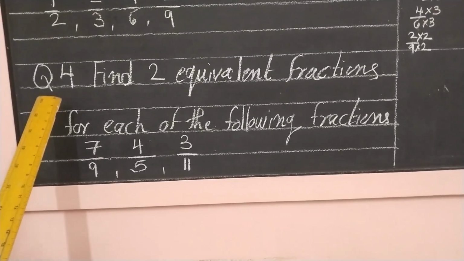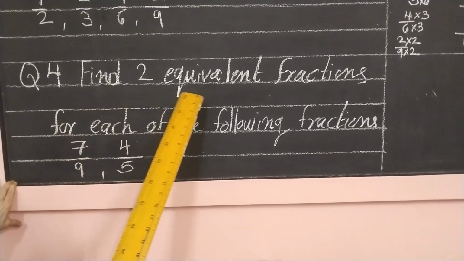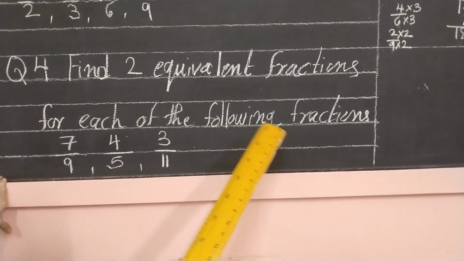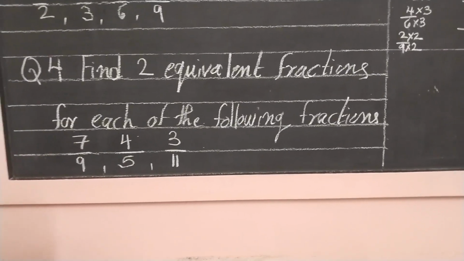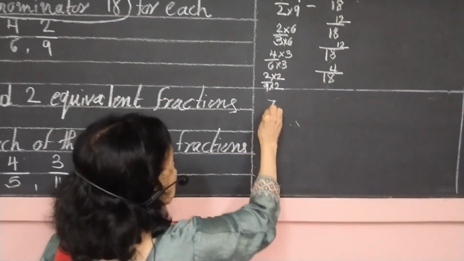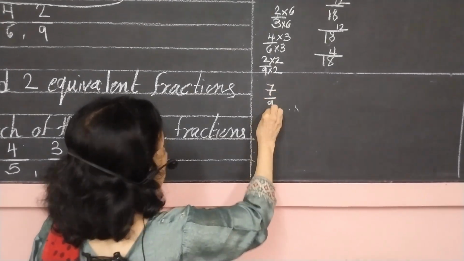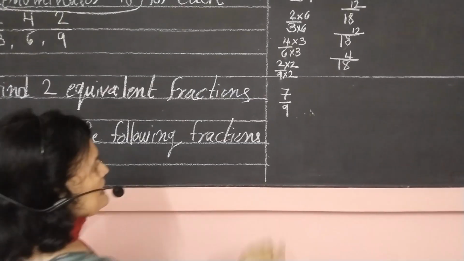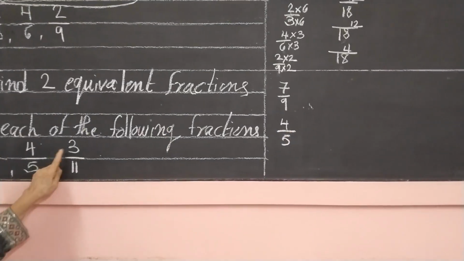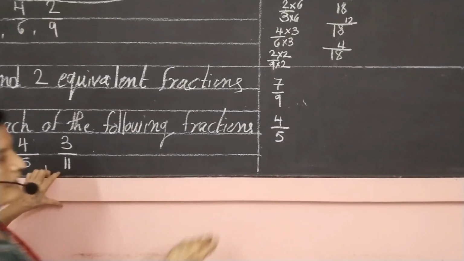Let's come to question 4. Find two equivalent fractions for each of the following fractions. The first fraction given to us is 7 upon 9. The second one is 4 upon 5. And the third one is 3 upon 11.